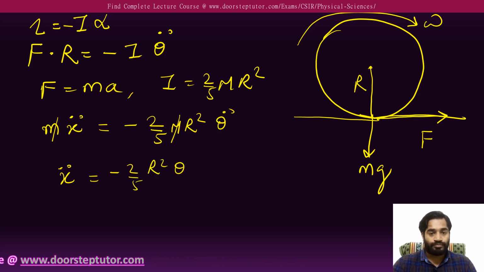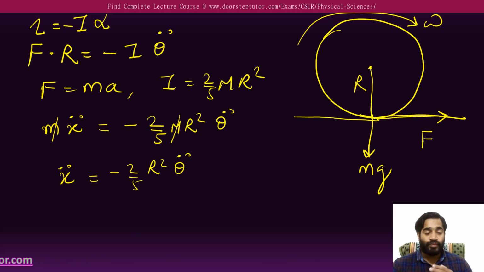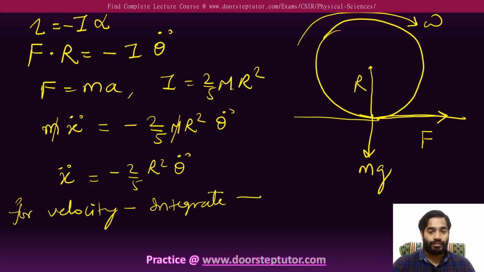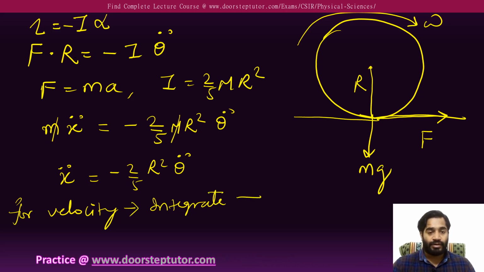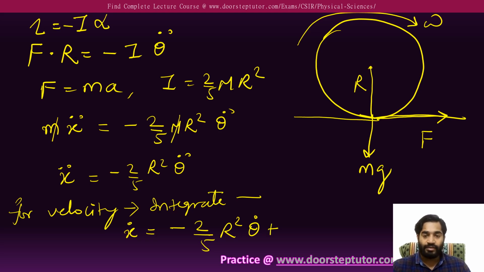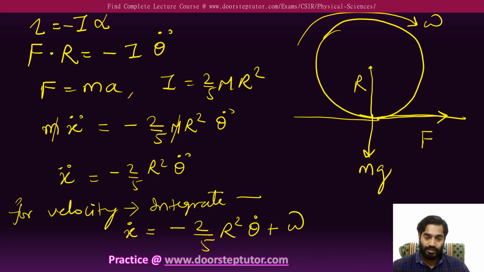Now we will integrate this to find the velocity. For velocity, if we integrate this, we get x dot equals minus 2/5 r squared theta dot plus some constant.